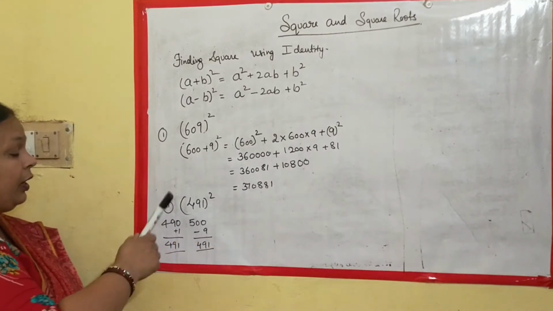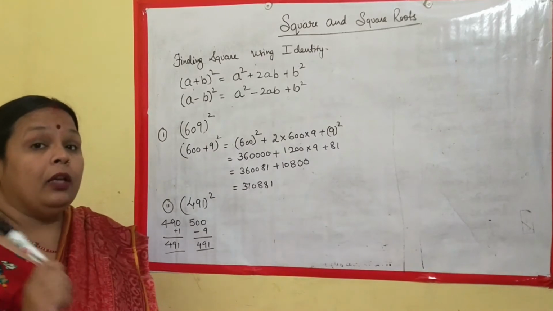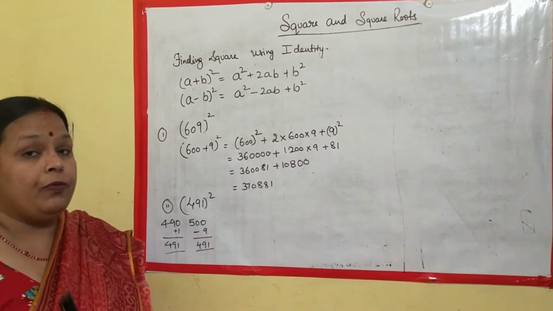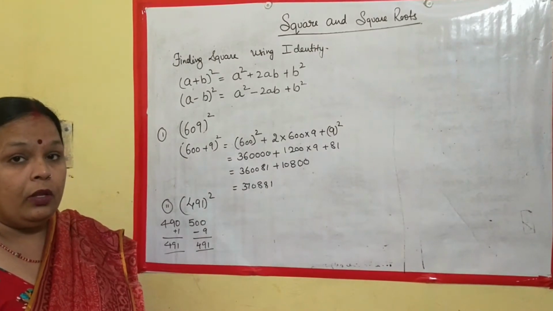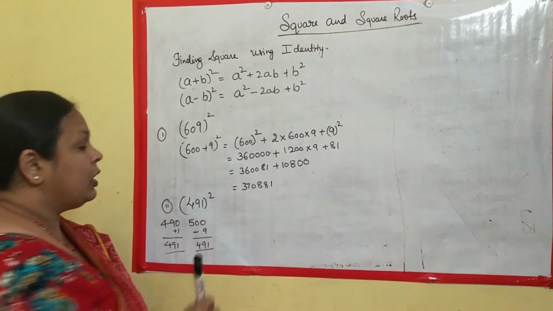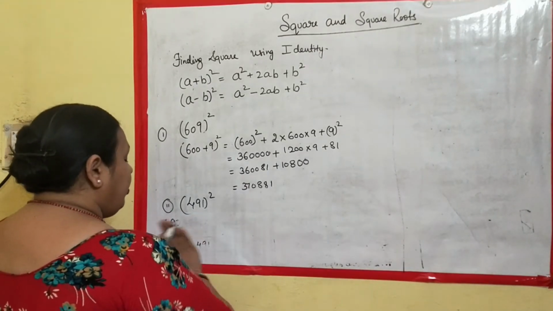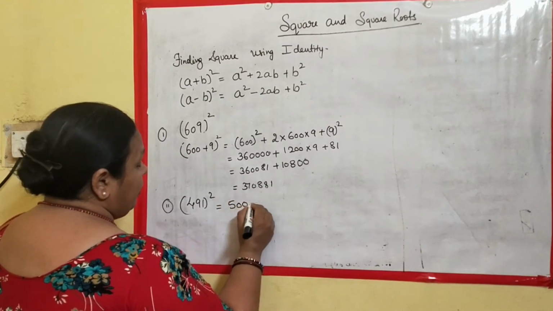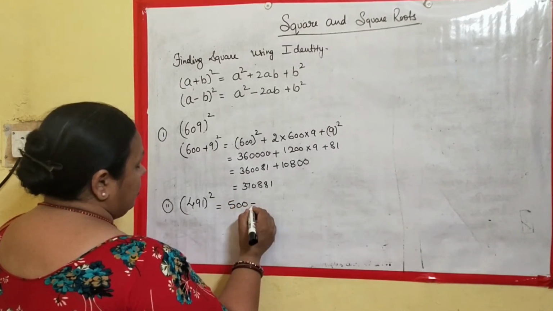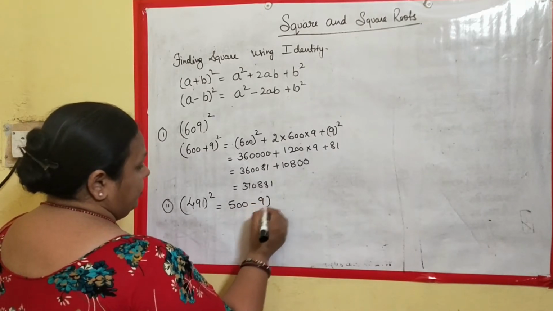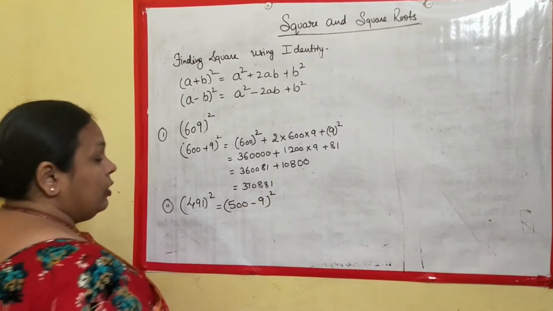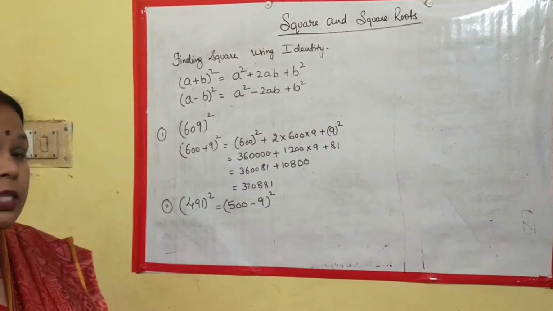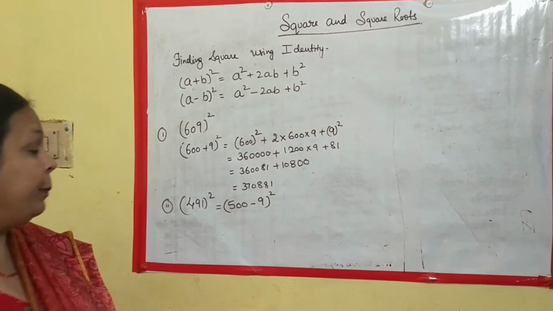Now you tell me, finding the square of 490 is easy or finding the square of 500 is easy? Definitely having zeros is easy. So we will be expressing this number as 500 minus 9. Clear? So 500 minus 9 is nothing but 491.